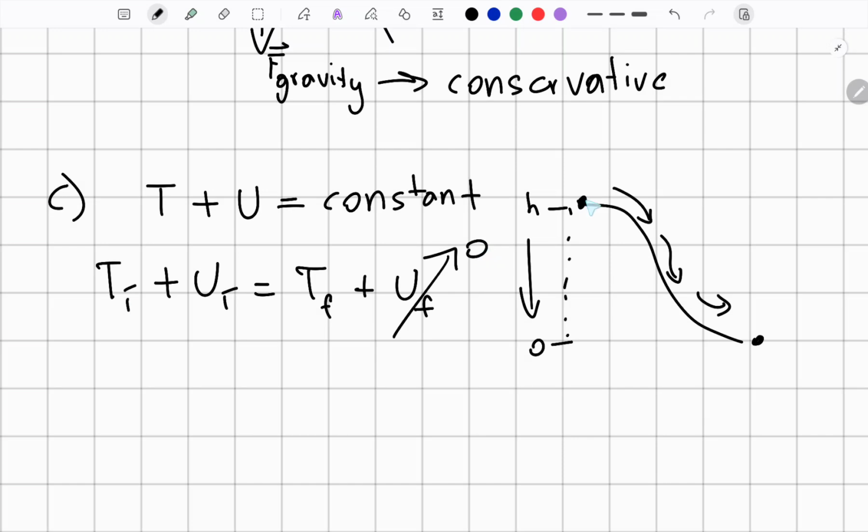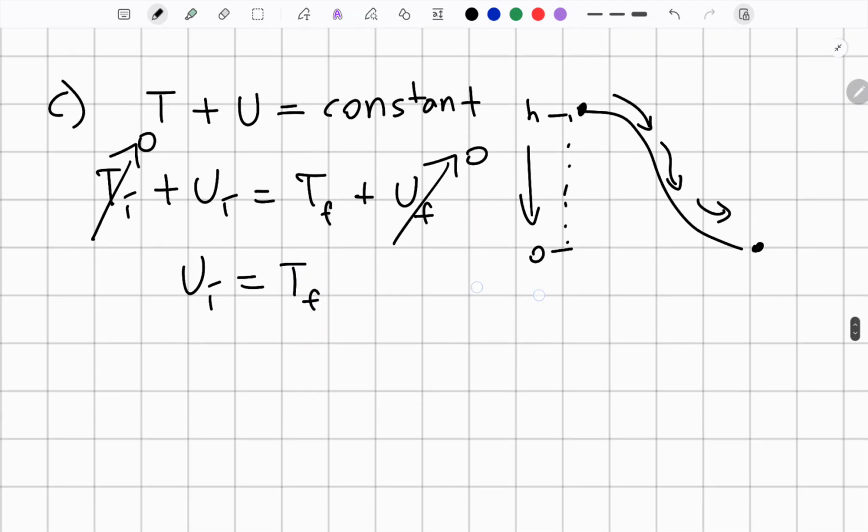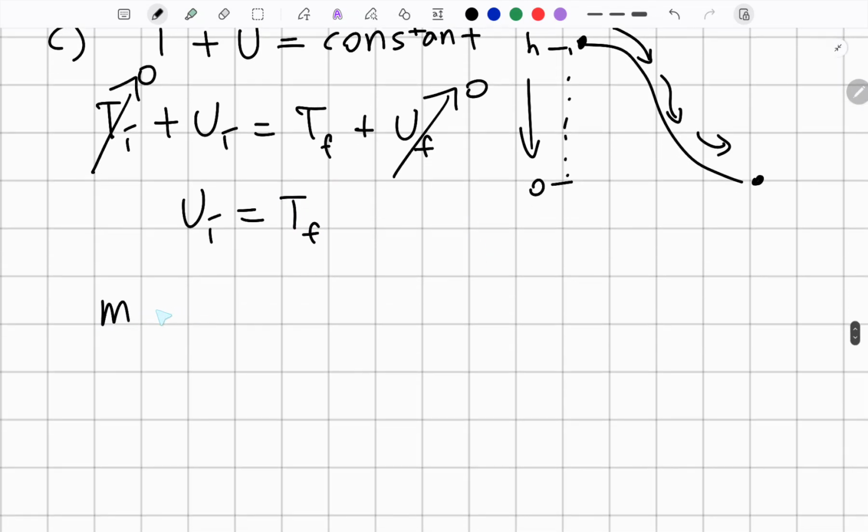Now, we're starting from rest. No kinetic energy is there to start. So we know that makes our equation a lot simpler. It's just the initial potential energy is equal to the final kinetic energy. Our potential energy is m gamma h cubed over 3. That's going to equal our final kinetic energy.